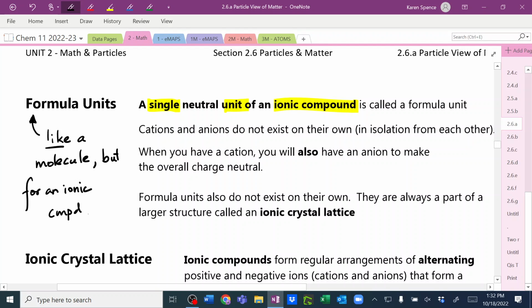So formula units are like molecules, but for an ionic compound.